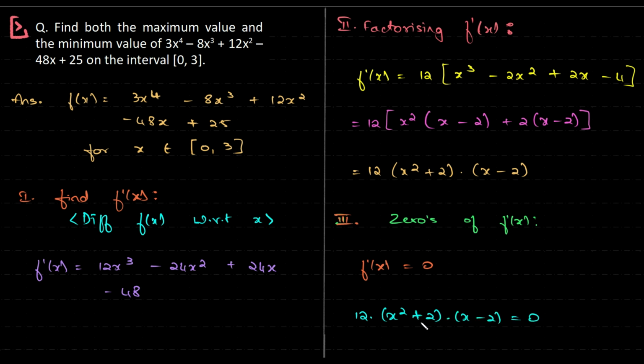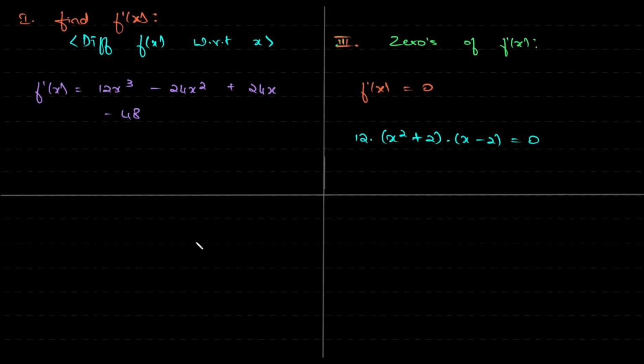The only place where this becomes 0 is where x minus 2 is 0, because 12 is a constant, a positive term. x square will always give a positive number, and plus 2 is also a positive number. So this expression will give a positive number, and so only x minus 2 should be equated to 0. And so x is equal to 2 is the only point that we are concerned with.